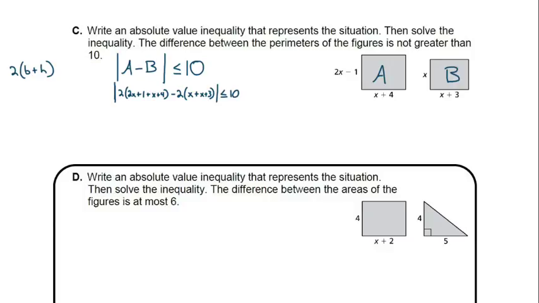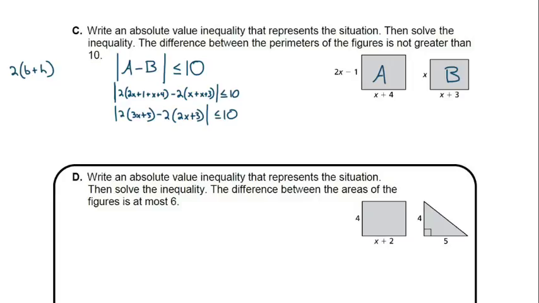So first things first, I'm going to clean up the middle because I don't want to have to clean it up twice. Let's start here. Let's combine terms. 2 times, that's 3x plus 5, minus 2 times 2x plus 3. Close the absolute value bar, less than or equal to 10.